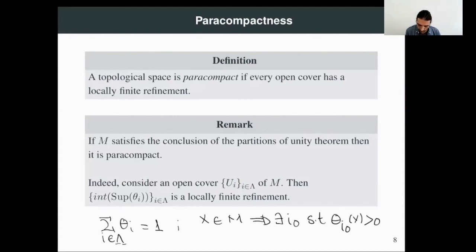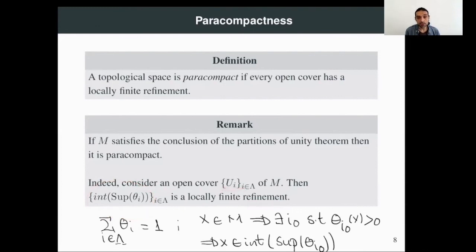So x is an interior point of the support of theta_{i_0}. So any point of M is contained in one of these interiors, so the union of these interiors is M. And so this is a refinement of the initial open cover.